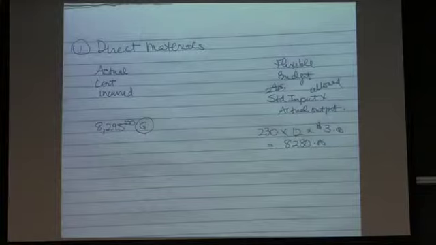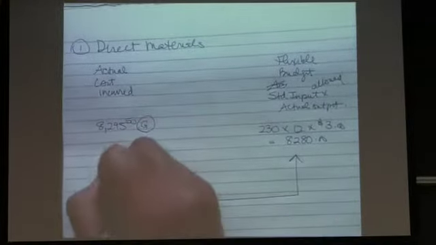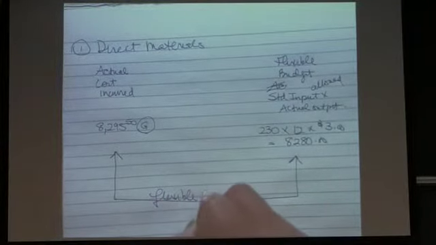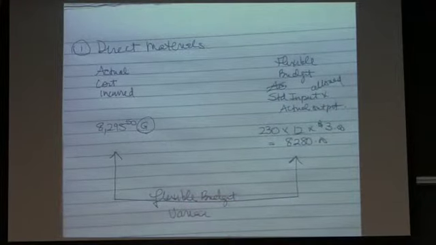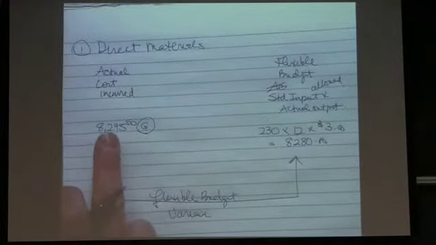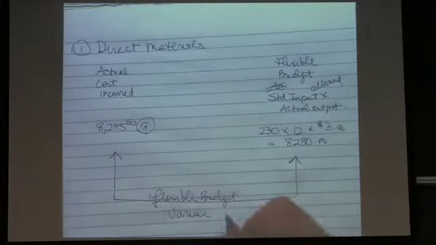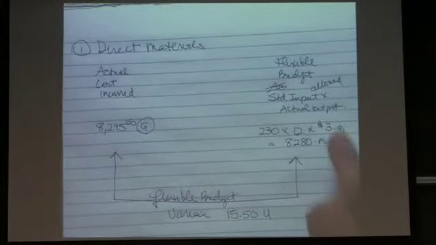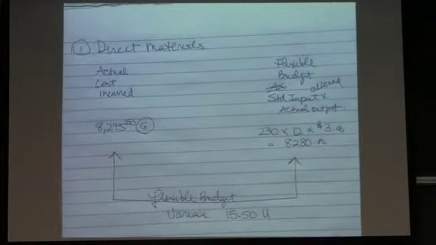Okay? And the difference between these two is what we call the flexible budget variance. The difference is 8,295.50 minus 8,280, which is $15.50. It's unfavorable because we spent more than the standard for that number of units produced.